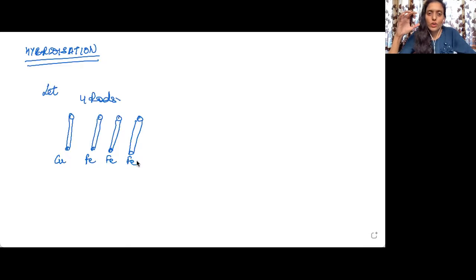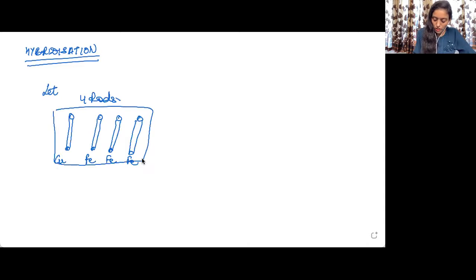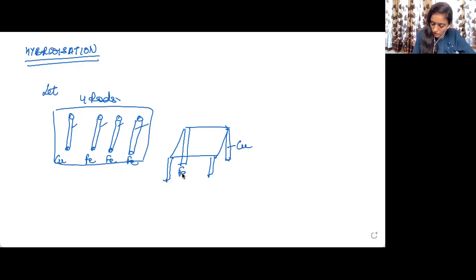Okay, now you want to make a table using these 4 rods. That is, you are trying to make a table in which you will be using these 4 rods as the legs of the table. Okay, so let's draw the table. Now I say this is the copper rod and all other 3 are the iron rods.